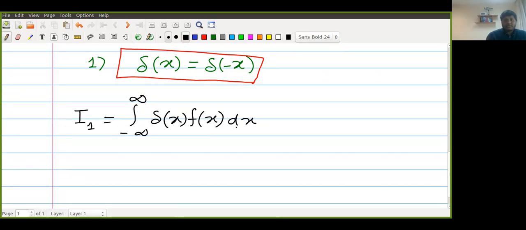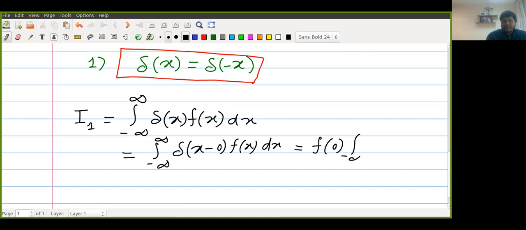So I can also write this as delta of x minus 0, f of x, dx. This will be f of 0 times the integral from minus infinity to plus infinity of delta of x dx. This is actually x minus 0. As I said, this is not a proof; I already told you this quantity will be 1, and I will prove it later. So this will be f of 0.